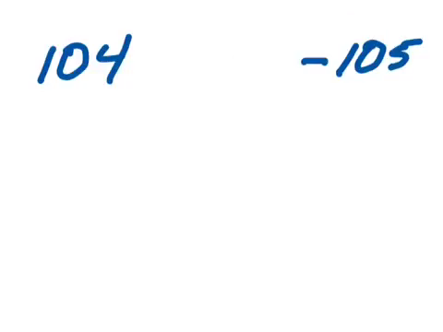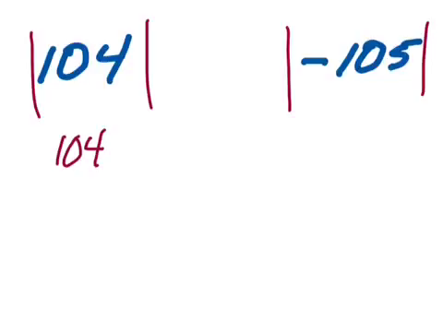If you saw a problem like this one and you tried to go too fast, it would be very easy to get this one wrong. But armed with a little bit of knowledge that I've just given you, it should be very easy to get it right. Starting at 0, you take 104 steps to get to the absolute value of 104. Going down the number line in the opposite direction, it takes 105 steps to get to negative 105.